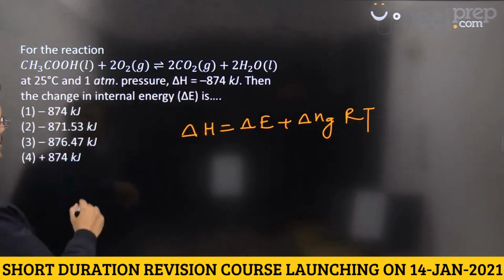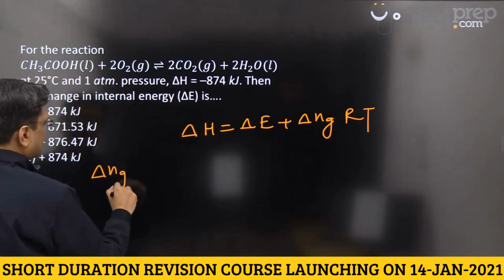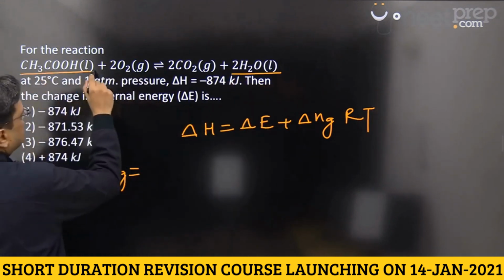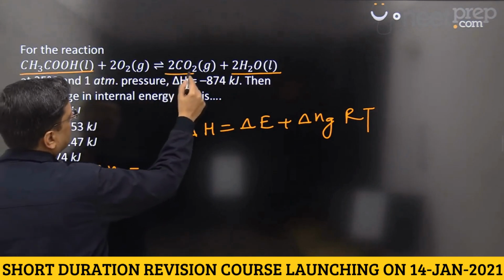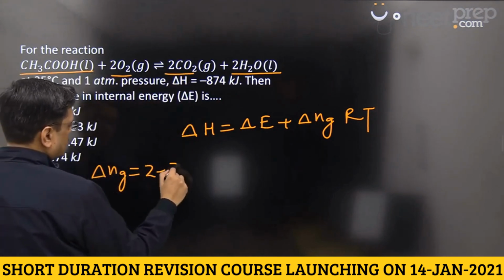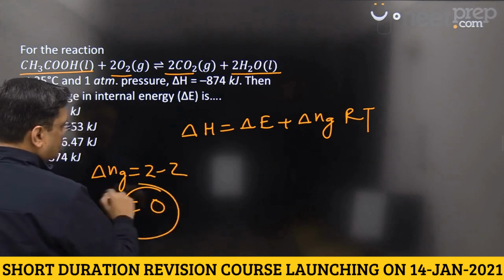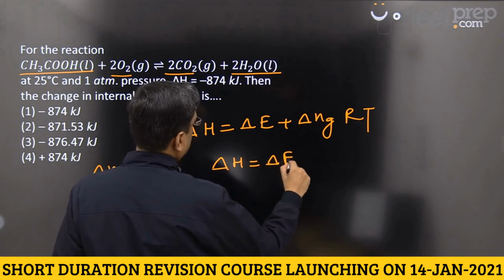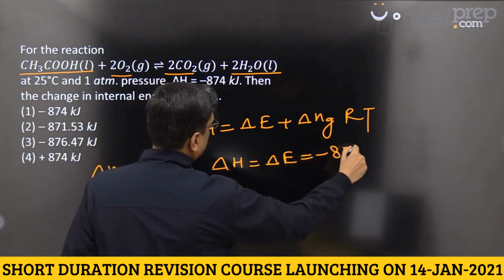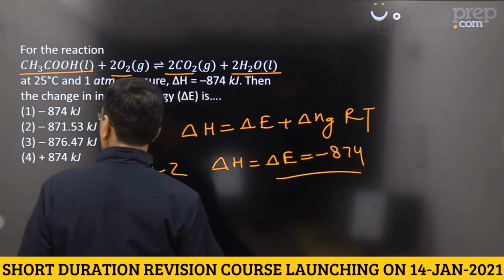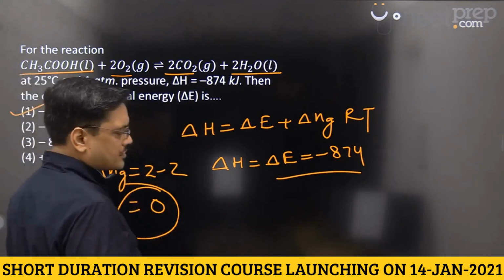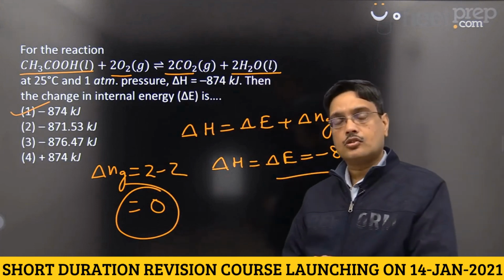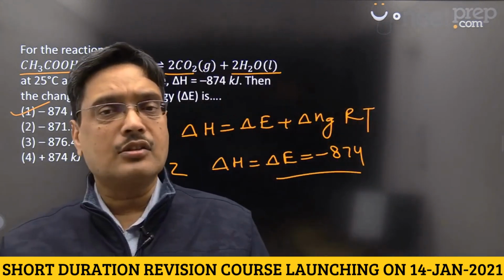Here delta Ng is the number of gaseous products minus reactants. Oh, it is 2 and 2, so 2 minus 2 is equal to 0. So delta H is equal to delta E, that is minus 874. This is the answer. No need for any calculation because delta Ng is equal to 0.